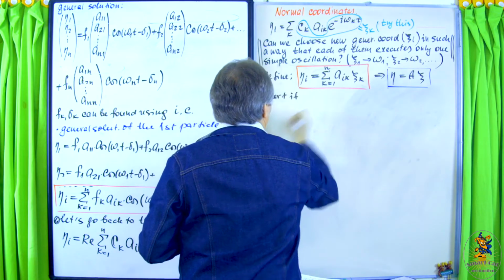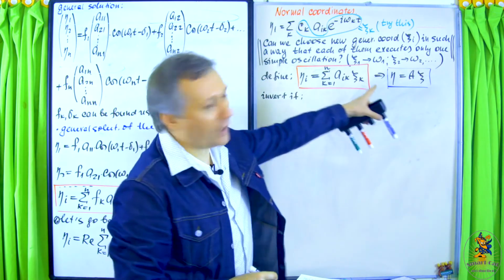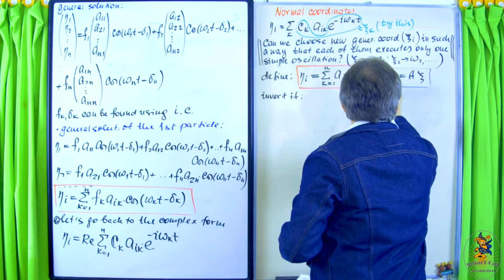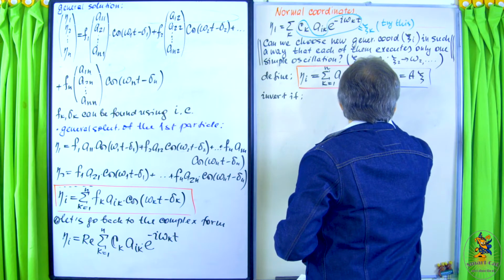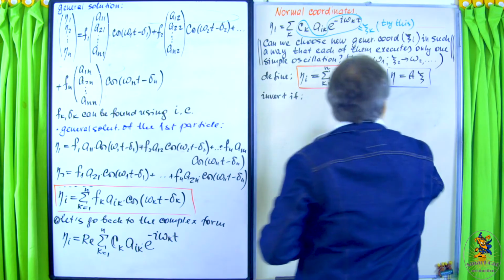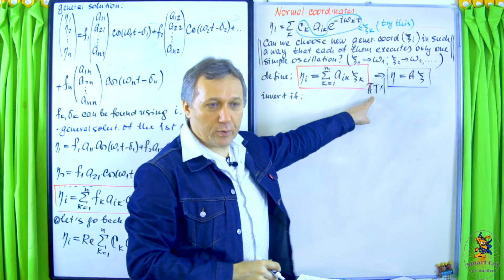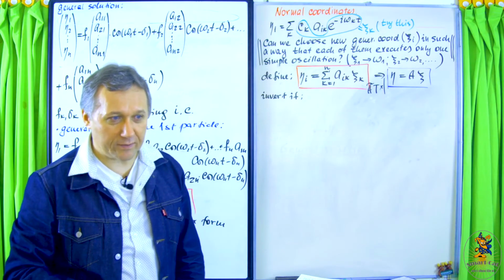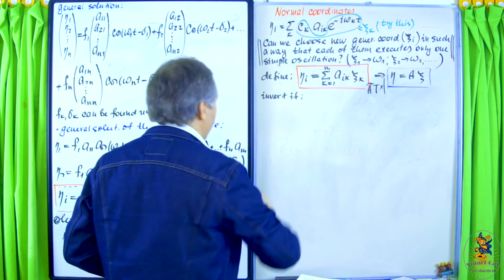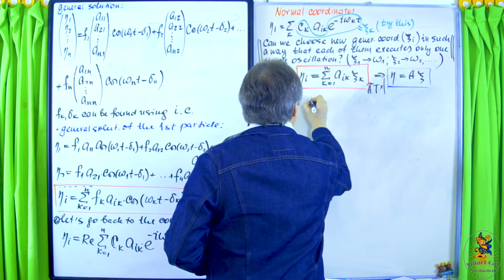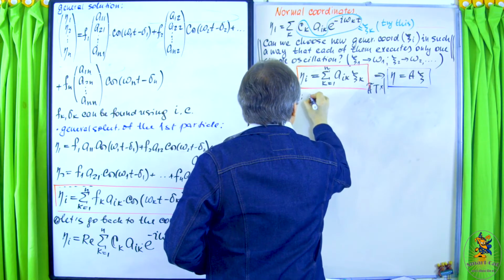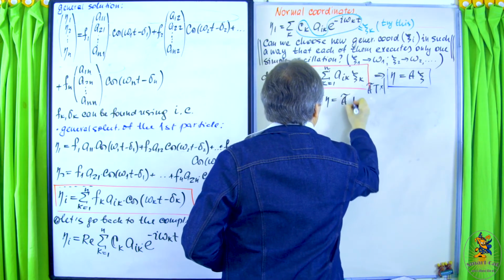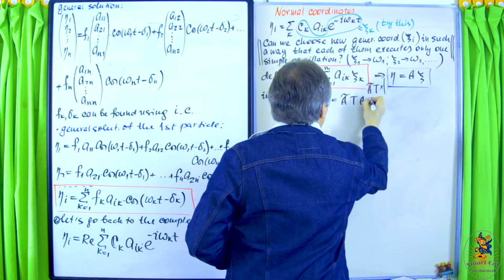In order to invert it, let's multiply the left-hand side and right-hand side by A transposed, A tilde T, on both sides of the equation. It's not illegal from the mathematical point of view. So A transposed eta equals A transposed A psi.